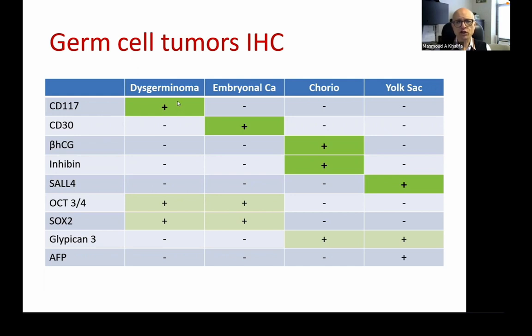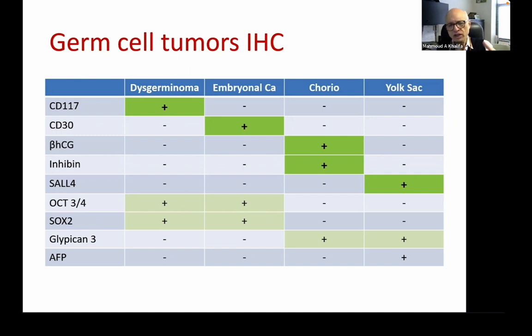CD117 is positive in dysgerminoma, negative in the rest. CD30, I like it because it highlights any embryonal carcinoma. Beta HCG and inhibin are positive in choriocarcinoma and negative in the rest. And SALL4, as I showed you, that magical case, is positive in yolk sac tumor. So if you want to have a battery for germ cell tumors, this is the battery: CD117, CD30, beta HCG, inhibin, and SALL4.